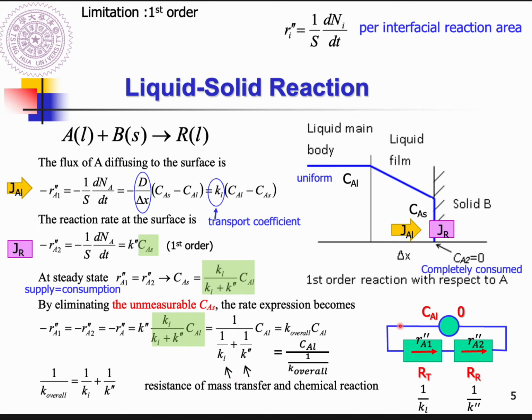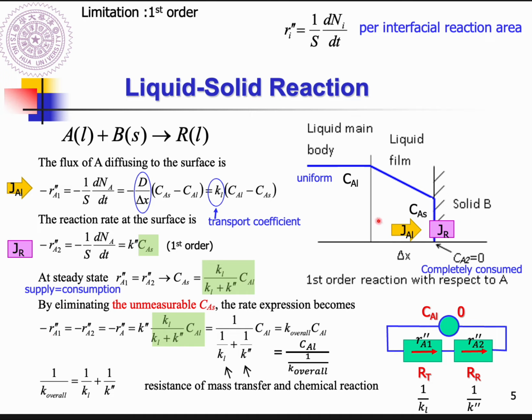and after class some people asked me what happens if A is not completely consumed at the surface of solid B. So based on the Ch7 principle, if you still have remaining molecules of A, or accumulation of A at the surface of solid B, then you cannot formulate this relationship.